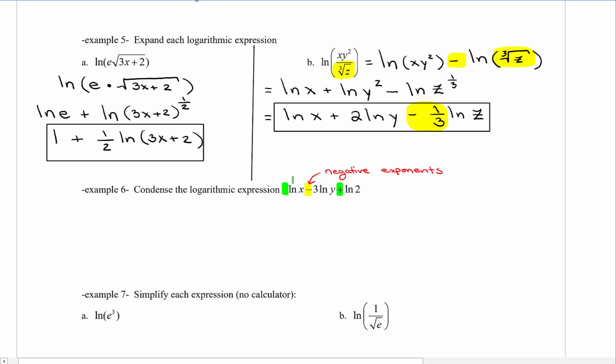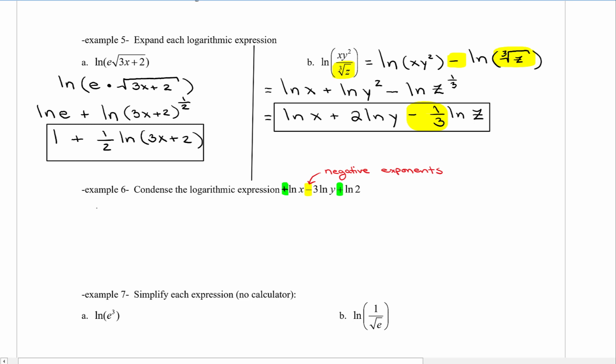If I look at the first logarithmic expression here, that positive natural log of x, it also has an imaginary plus sign in front of it, which means that x has an exponent of positive 1, which means the x will ultimately end up in the numerator of my logarithmic expression once I finish condensing it into a single logarithmic expression.